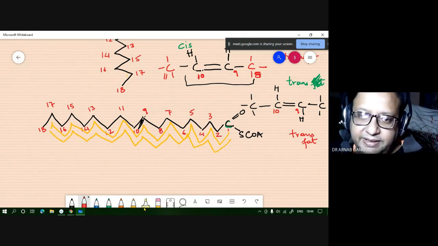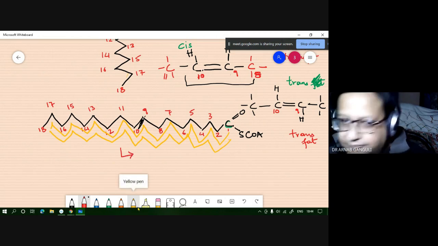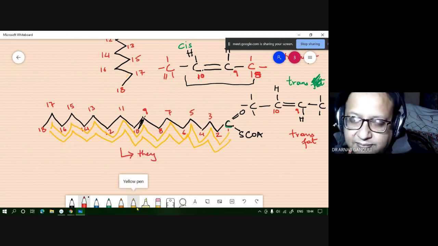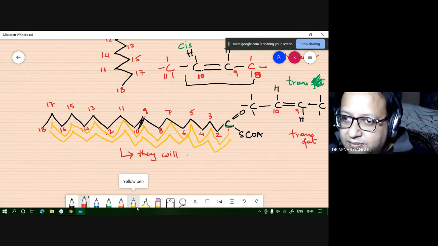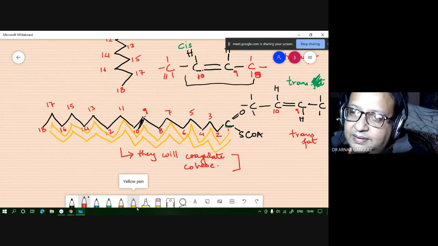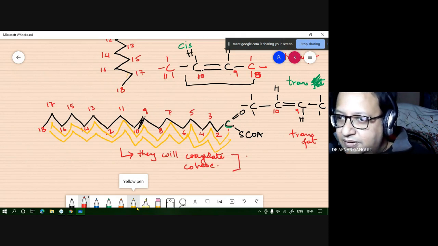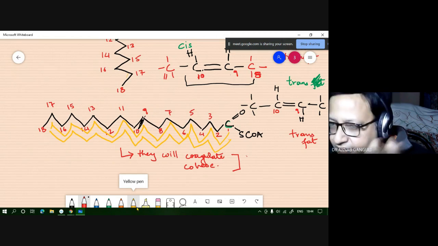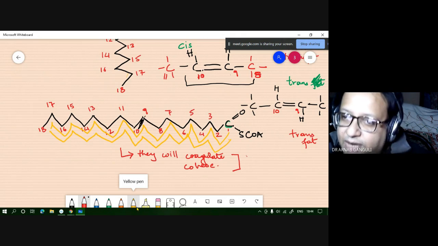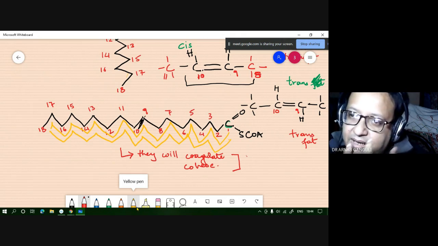The result of this is they will coagulate and cohere like the fat pieces in mutton, chicken, beef. It will coagulate like ghee.